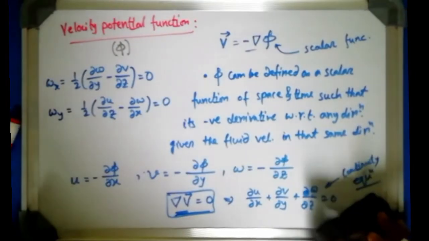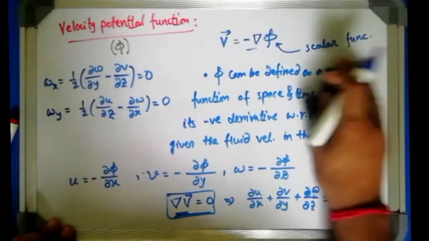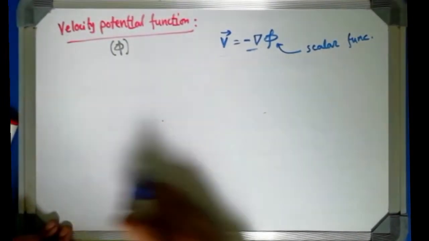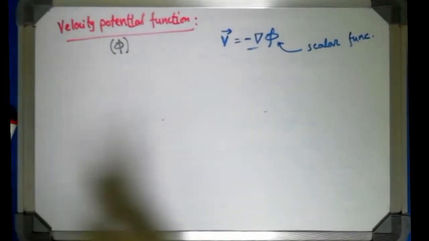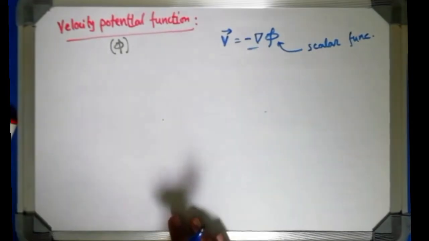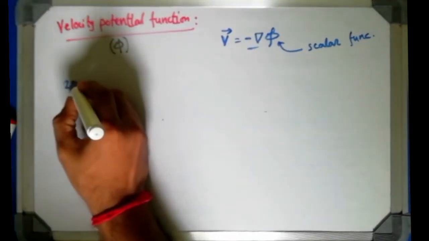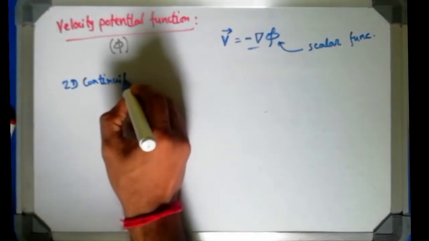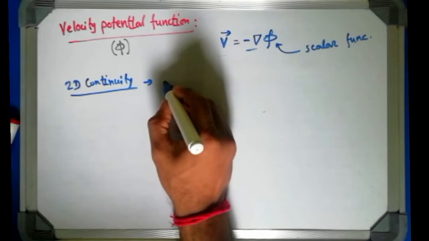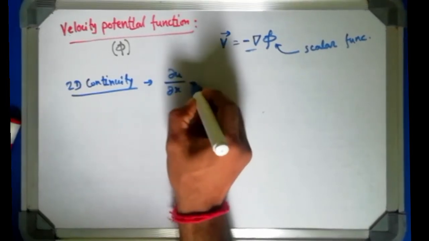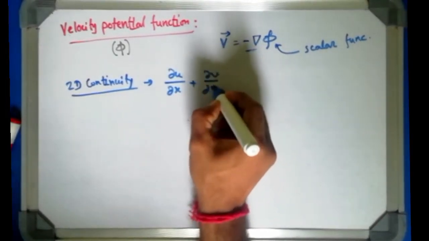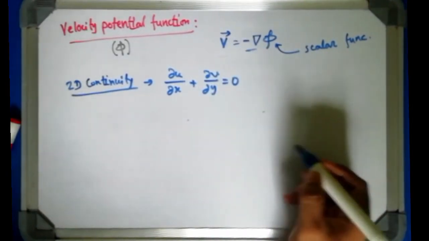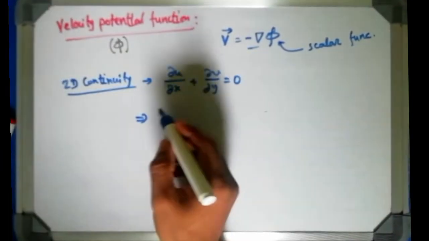Now what we can see, suppose I am removing this part. Now see, if we consider a 2D continuity equation, I can write del u del x plus del v del y is equals to 0. I can consider the 3D also.